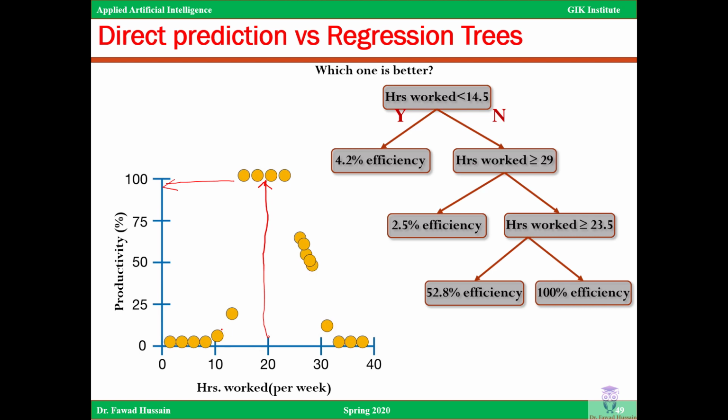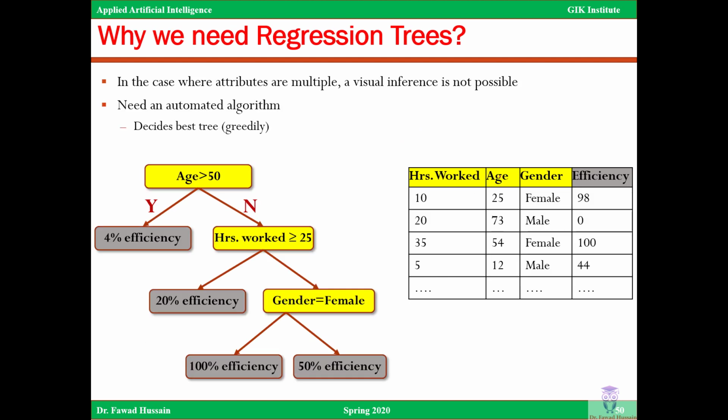And the answer to that question is yes, it is easy in this case, because there is only one attribute, hours worked. Now imagine a case where you have more than one attribute. So in this case, it will no longer be straightforward, because now it's not a two-dimensional graph.